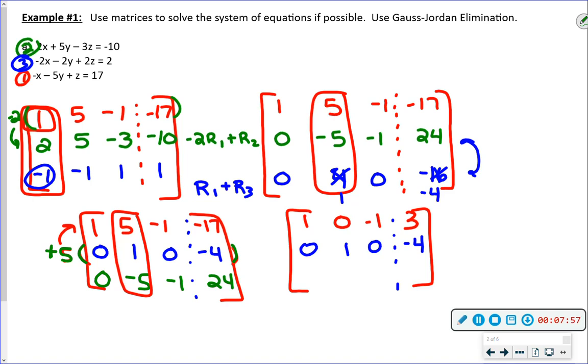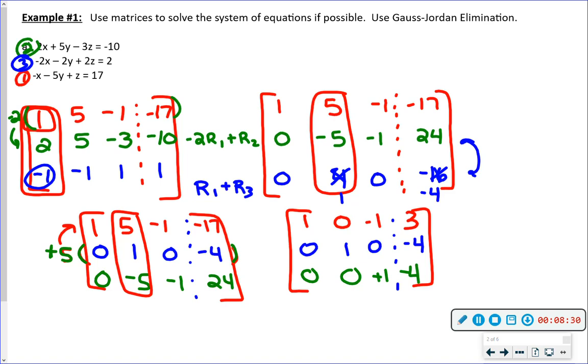So 5 times 0, 0 plus 0. 5 times 1, 5, plus -5. 5 times 0, 0, plus -1. 5 times -4, -20. -20 plus 24. And you should be able to tell me what z is now. -4, because we have to do a little changing of the signs, which I'm just going to change. I'm not going to rewrite the whole darn matrix.